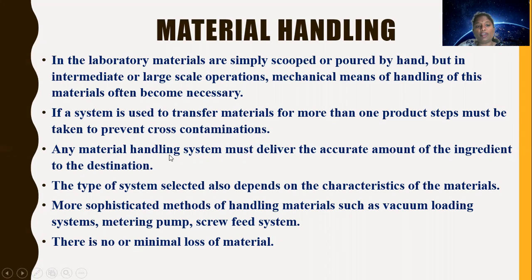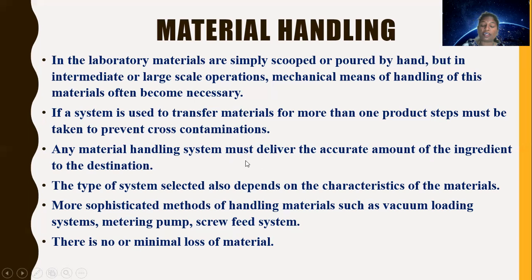Any material handling system must deliver the accurate amount of the ingredient to the destination. The proper amount of the ingredient should be delivered to the production area and should not be degraded.